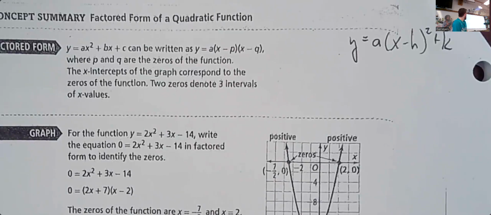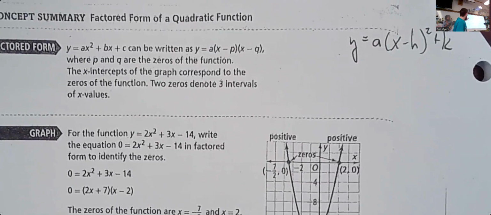What's the other common variable among all three forms? A, yeah. So a is the same across all three of them. A determines the width, whether it's narrow or wide. A also determines whether or not the parabola faces up or down.